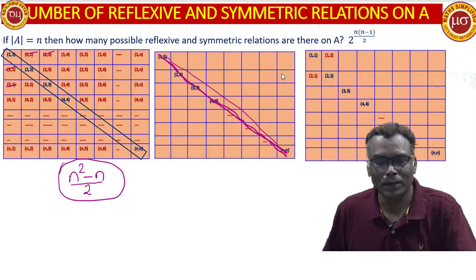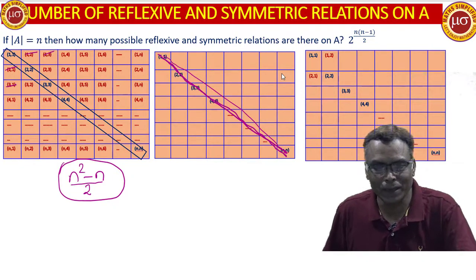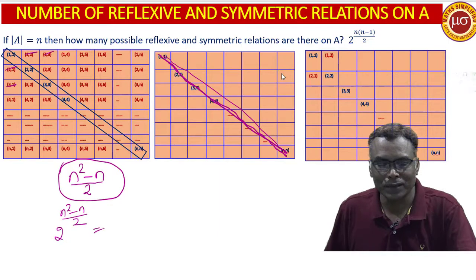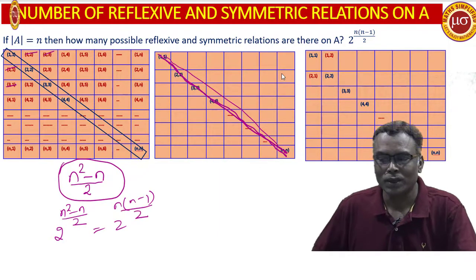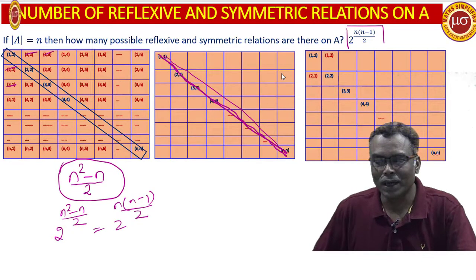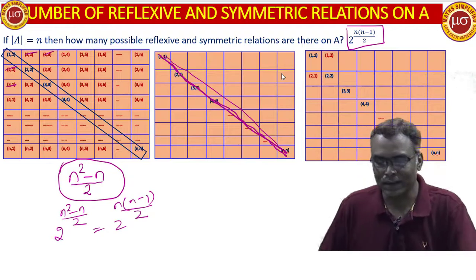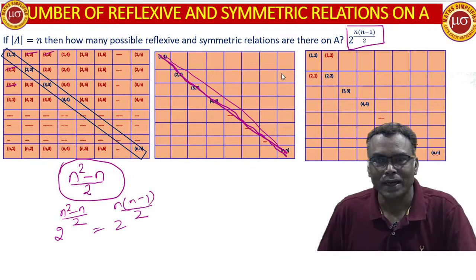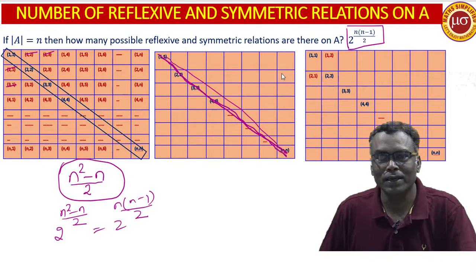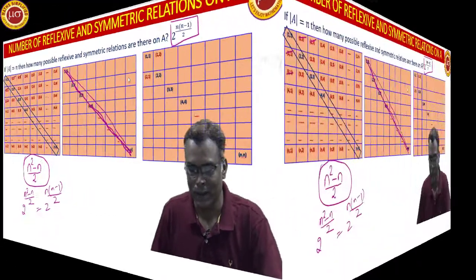Therefore, the total number of reflexive and symmetric relations is 2 to the power n square minus n by 2, that is 2 to the power n into n minus 1 by 2. So these are the total number of reflexive as well as symmetric relations on the set, out of 2 to the power n square relations.